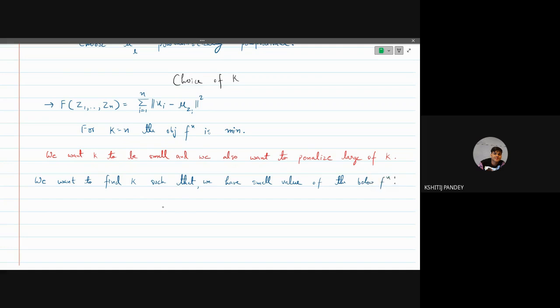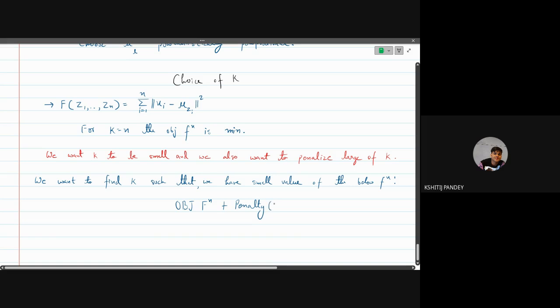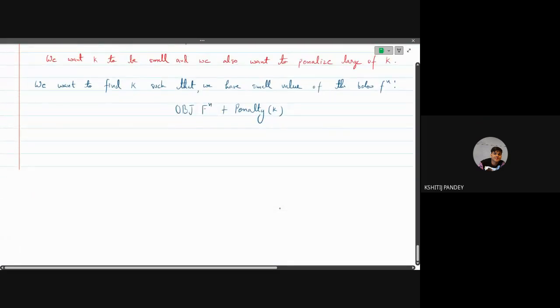What is the function below? Well, your original objective function value plus the penalty on k. Okay, we are imposing a penalty on k because we don't want very large value of k. Okay, so let's plot this.